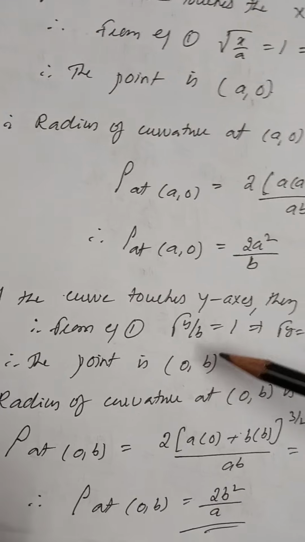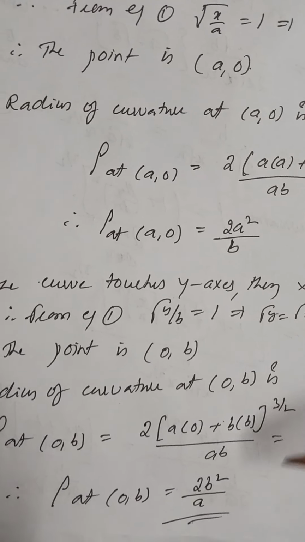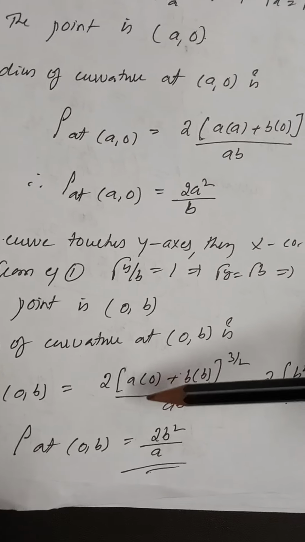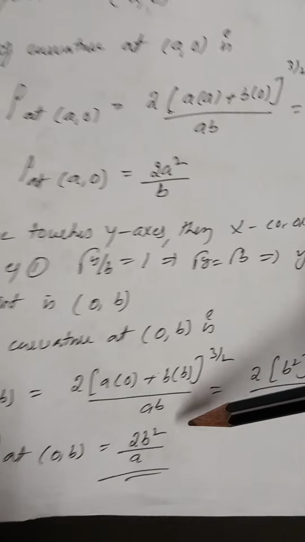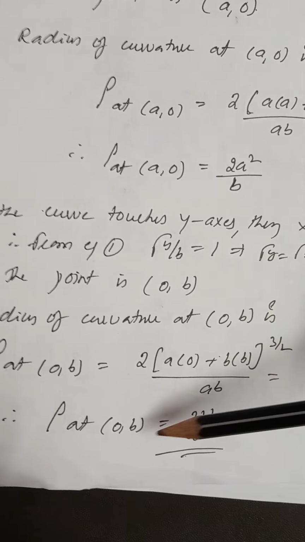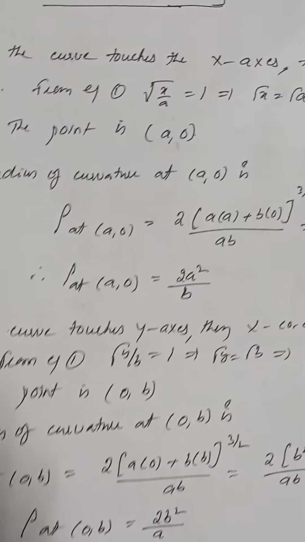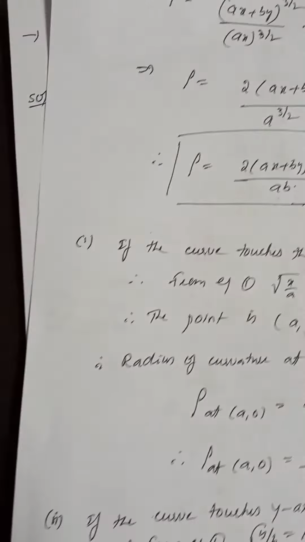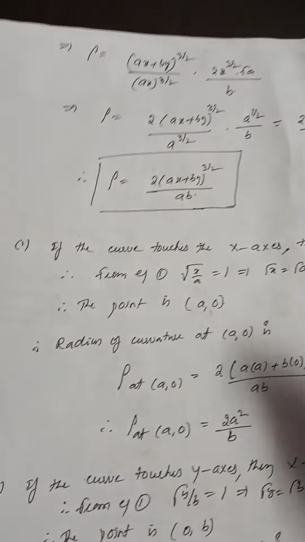Now at the point (0, b), find the radius of curvature: in the place of x I am substituting 0, in the place of y I am substituting b. After simplifying I am getting rho value at the point (0, b) is equal to 2b square by a. This is the radius of curvature. Important problem. Please go through this problem carefully.